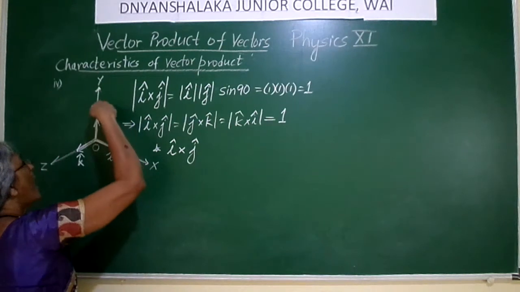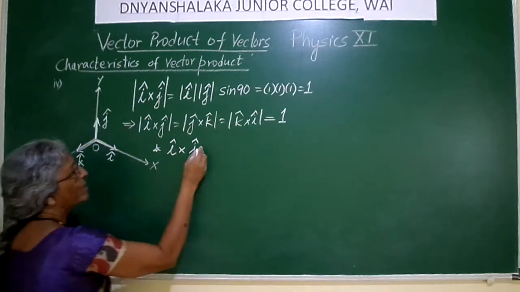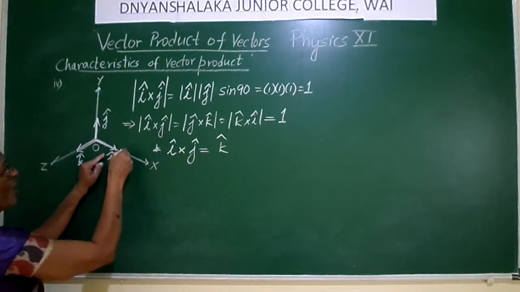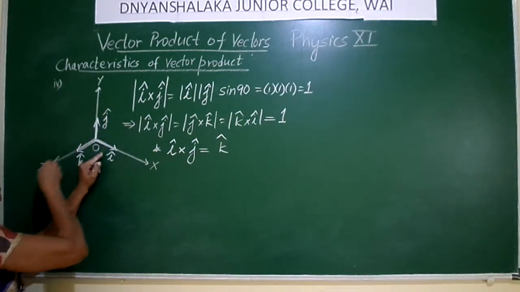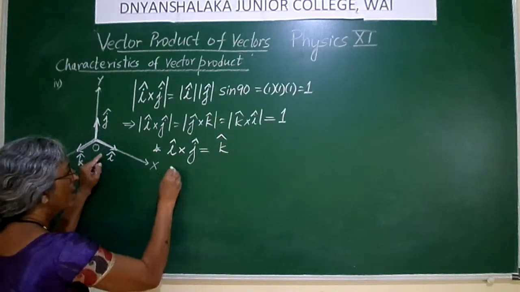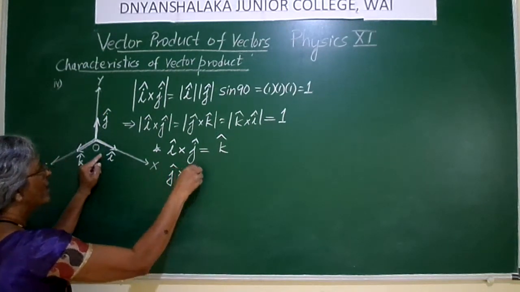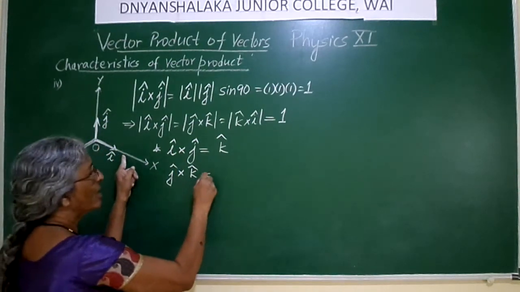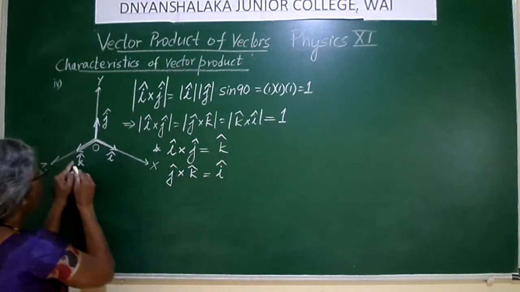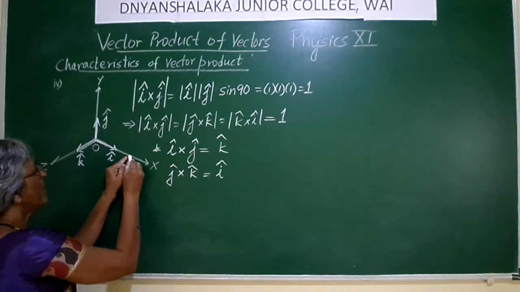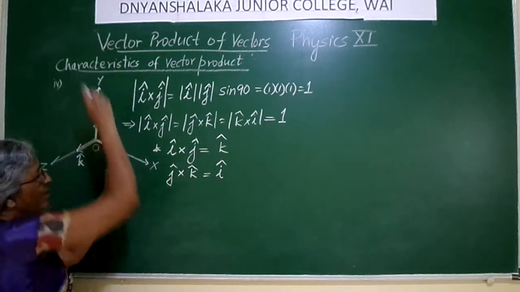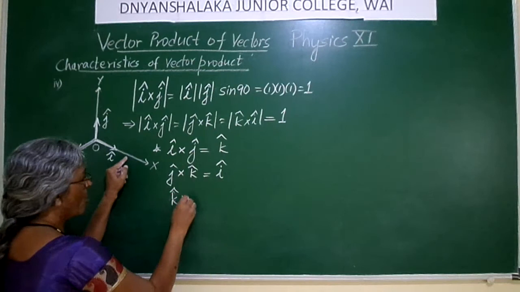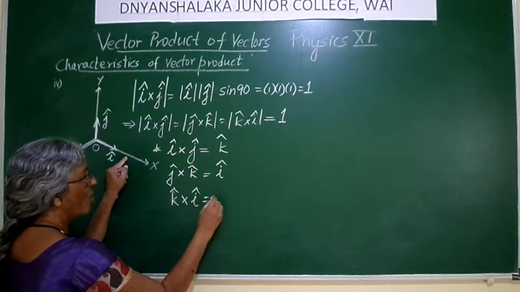So vector i cross vector j will give me vector k. Look, i cross j will be k. Vector j cross vector k: if you cross j with k, what do you get? Vector i. And vector k cross vector i will give you what? Vector j.